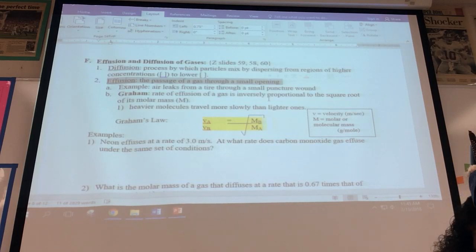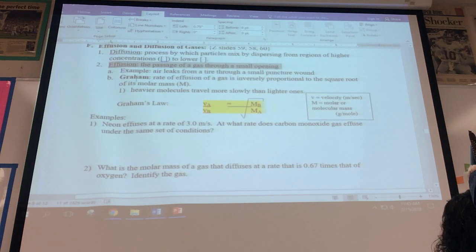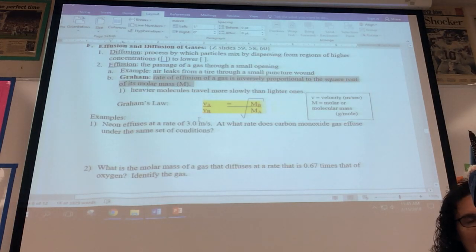The air in your tire moved from the tire tube out through the opening. Graham's law shows that the rate of effusion of a gas is inversely proportional to the square root of its molar mass. The greater the molar mass, the slower it moves.